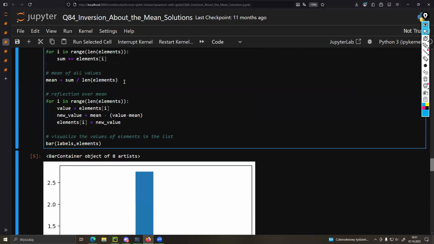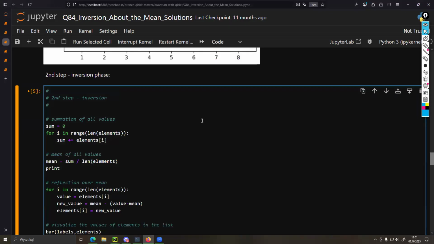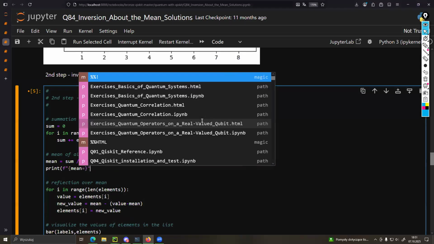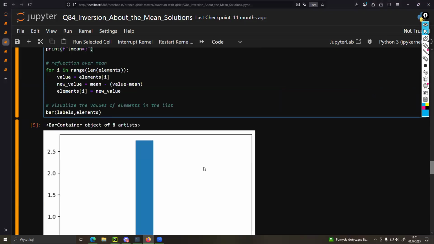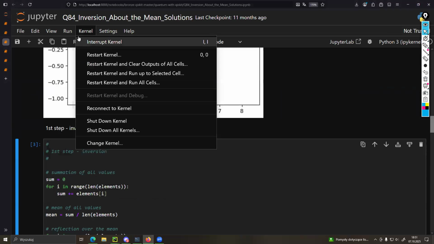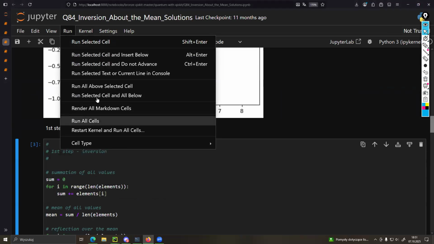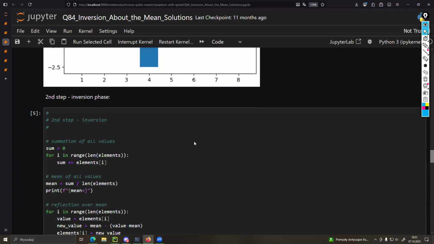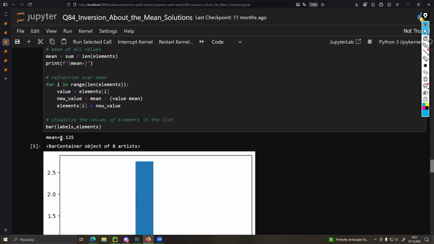Let me print the mean for this. Okay, and we will rerun every single cell, run all cells. So mean was 0.18. Okay, 1 over 8.